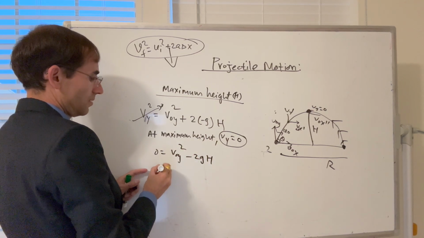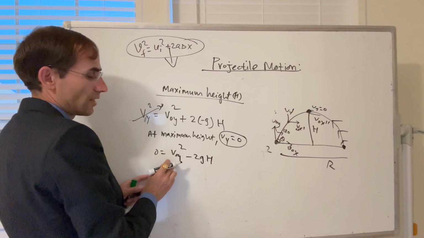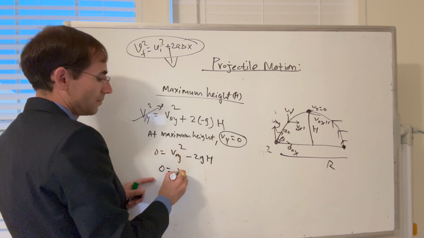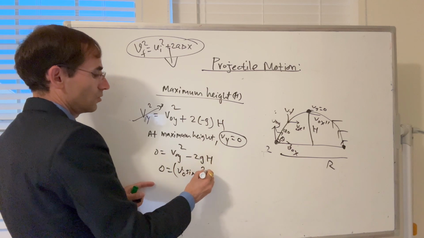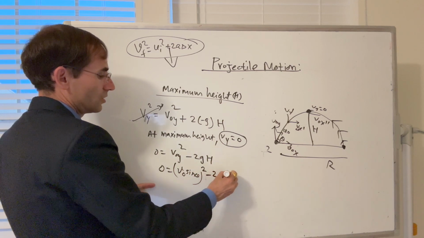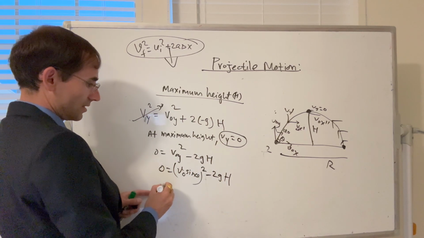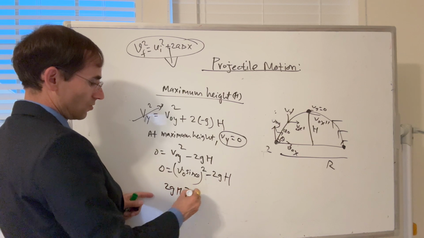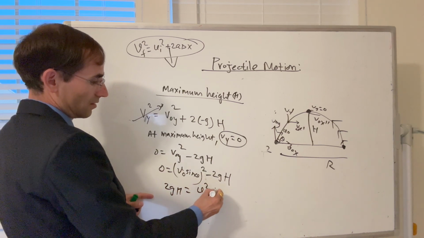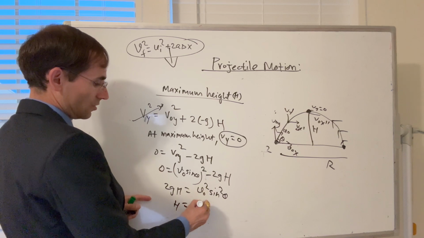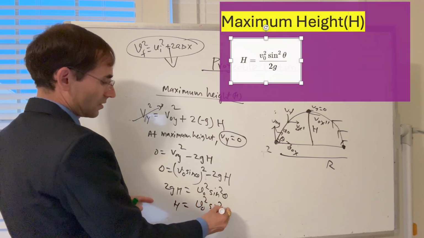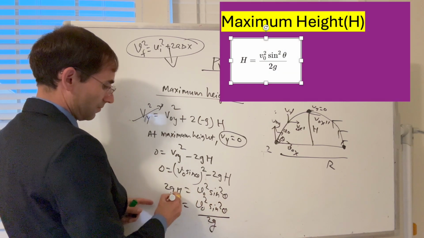The y component of initial velocity, v_0y, is v_0 sine theta, as I showed you before. So 2gh is equal to v_0 squared sine squared theta. So the maximum height is equal to v_0 squared sine squared theta over 2g.